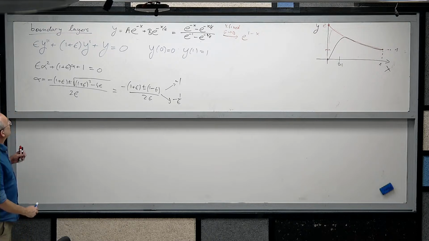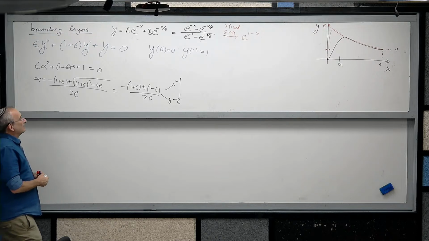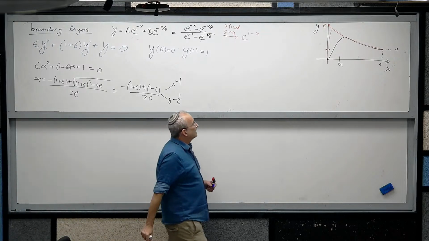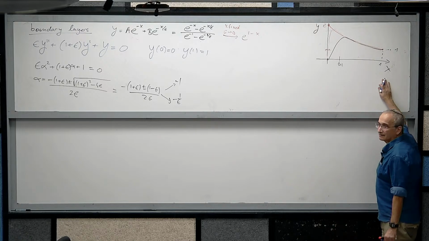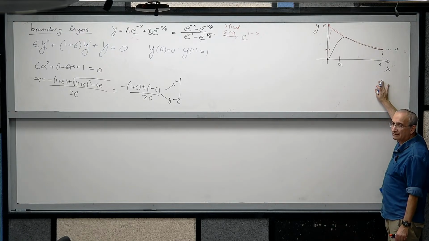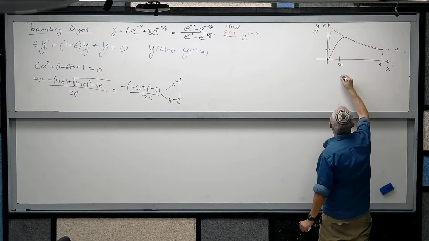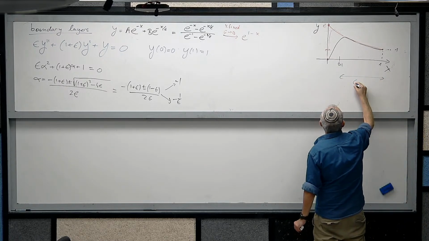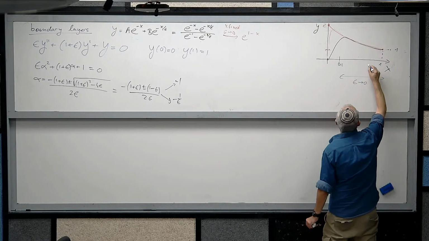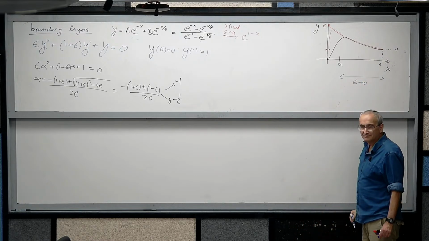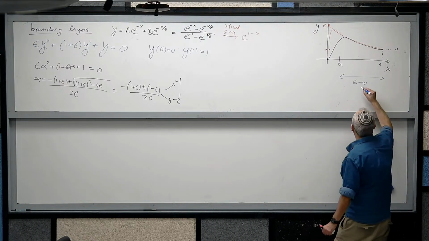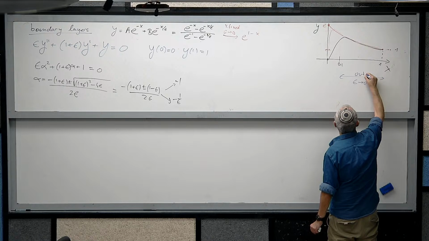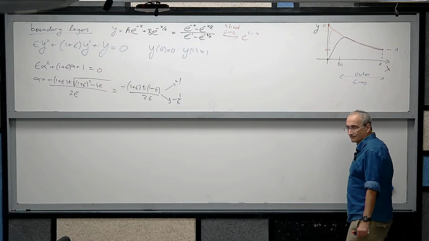So what are we going to do now? We are saying, let's divide everything into two regions. One region is a region where I can take epsilon to 0 without having any problem. This region I will call the outer region.